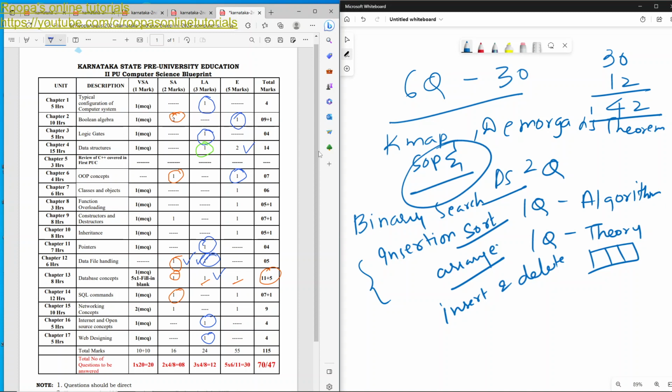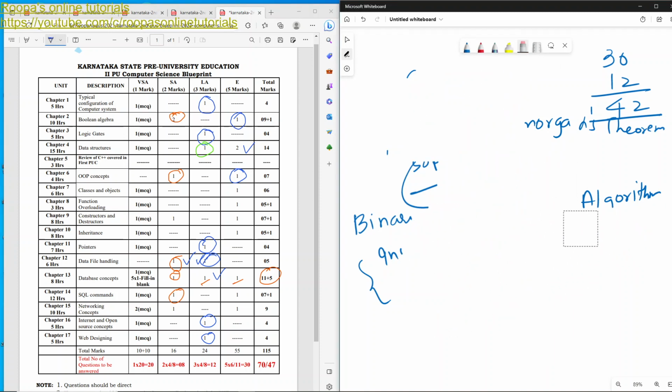If they ask you advantages of OOPS over earlier programming languages, you have to write about the advantages. If they ask you advantages of OOPS over procedural programming language, if the word procedural is used, then you have to write the difference between OOP and POP. So please remember this. Many students get confused with this particular question.